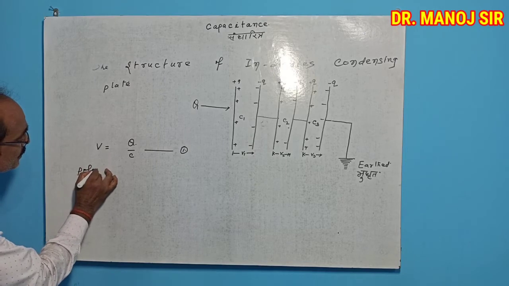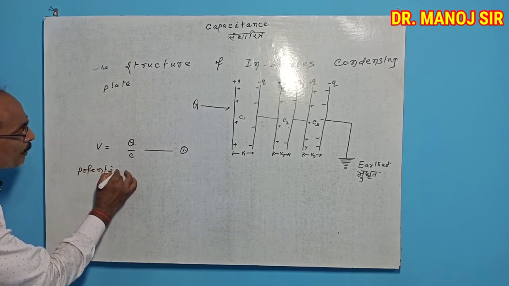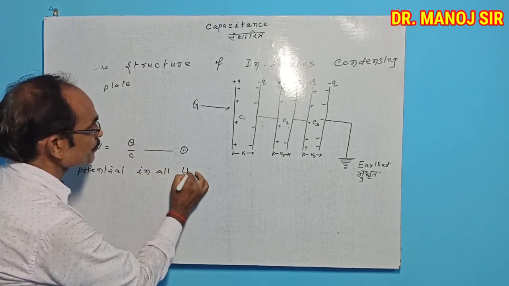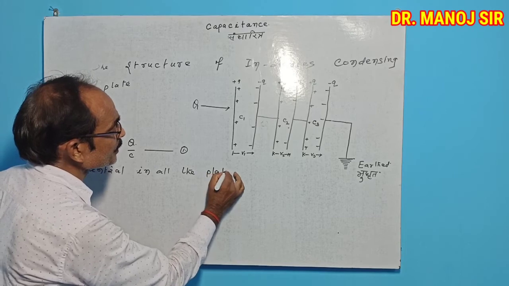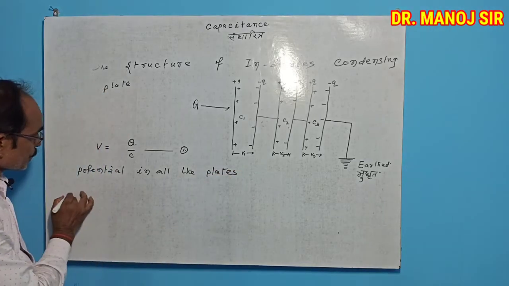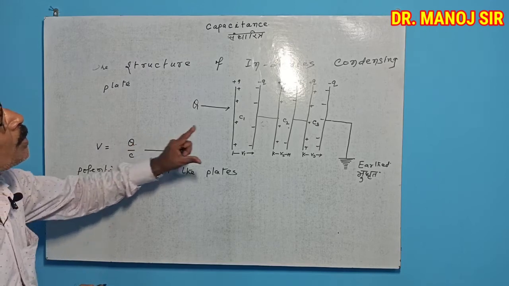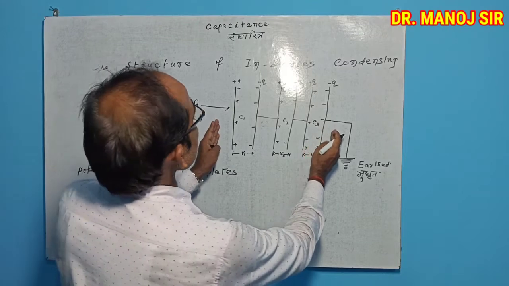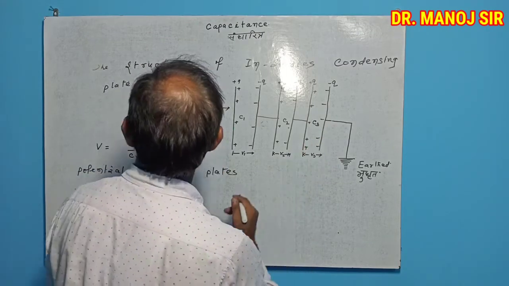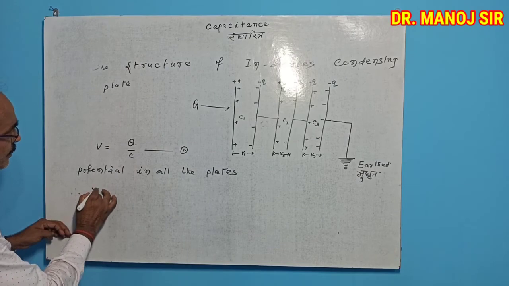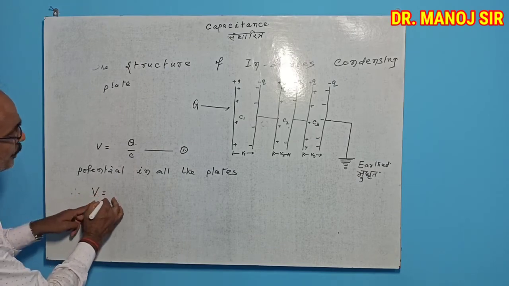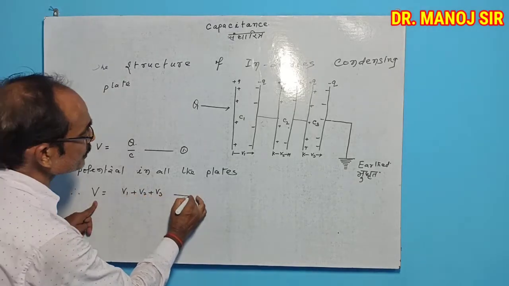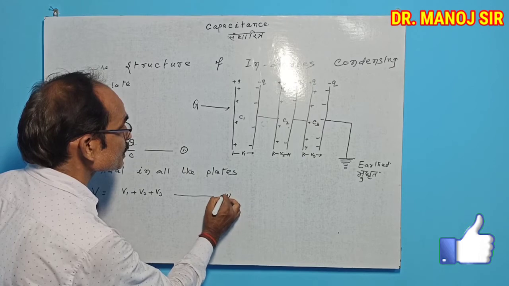The potential differences across the plates differ, so let the total potential of this series combination be V. Then V equals V1 plus V2 plus V3. That is the second equation.